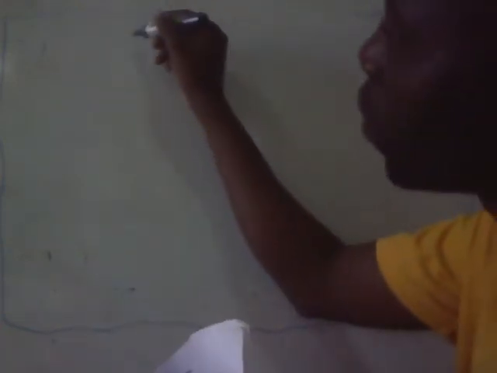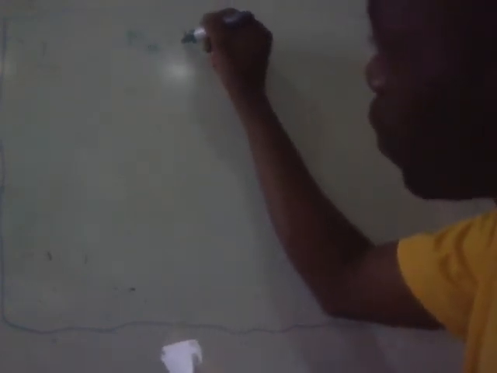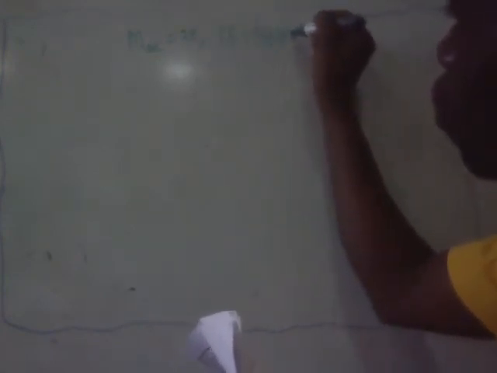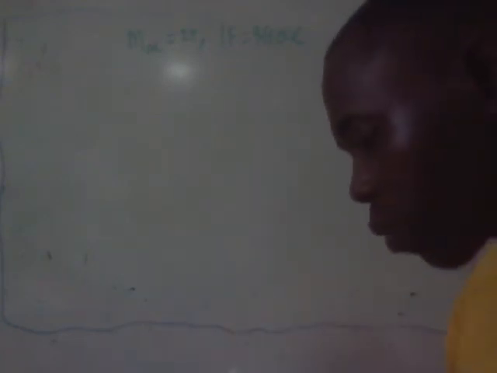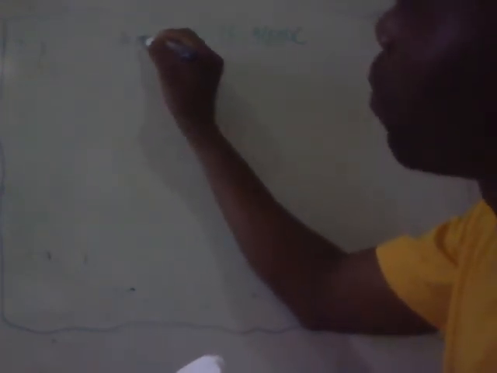Are you there? So we are given the atomic mass of aluminium as 27, and 1 Faraday as 96500 coulombs. Let me write it: the atomic mass of aluminium is given as 27.